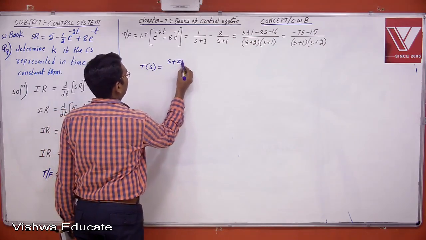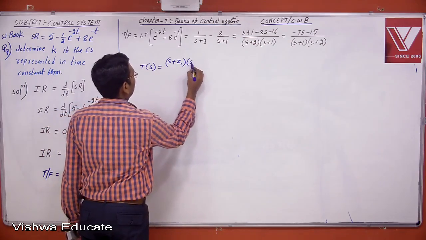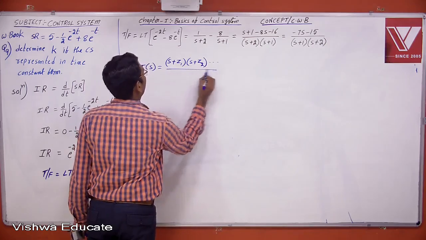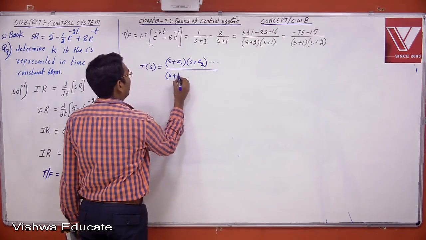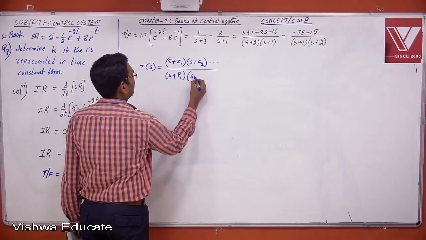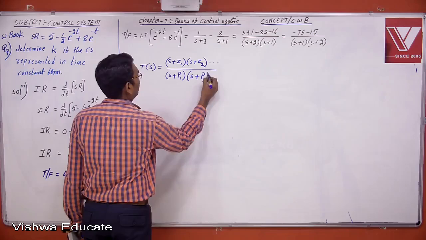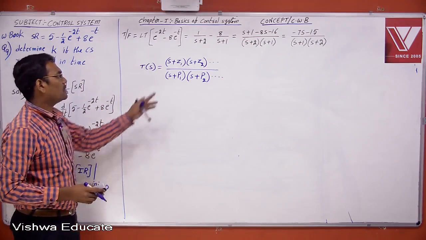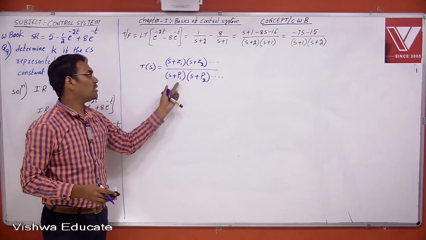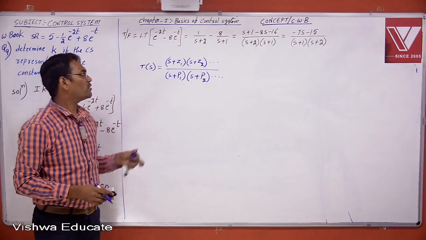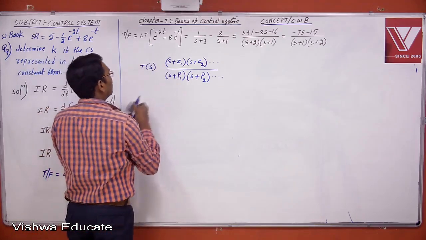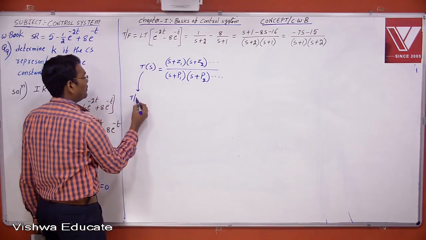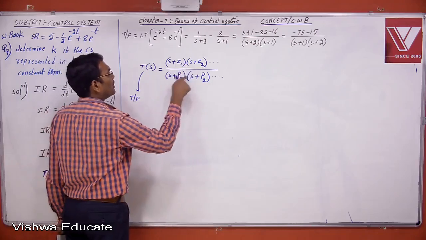s plus z1, s plus z2 and so on, by s plus p1, s plus p2 and so on. While looking at this transfer function, this is zero z1, this is zero z2, this is pole p1, this is pole p2 and so on. You can easily identify the zeros and poles.